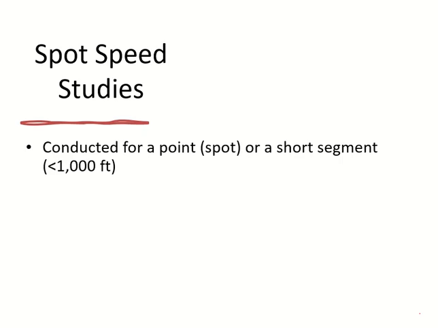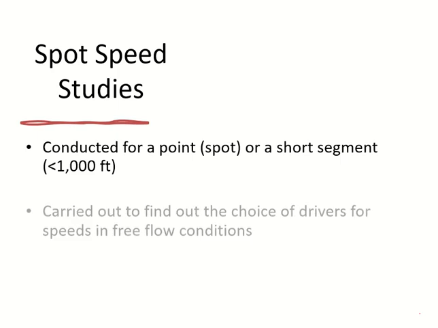But at the same time, you don't have to go to the extreme. Don't go near 1,000 feet. Keep it as small as possible, because eventually what we are looking for is a spot. This is just a compromise. I cannot do it exactly over a spot, so up to this distance is allowed.